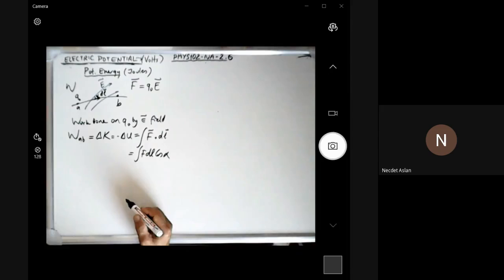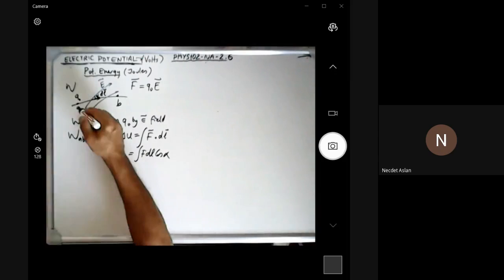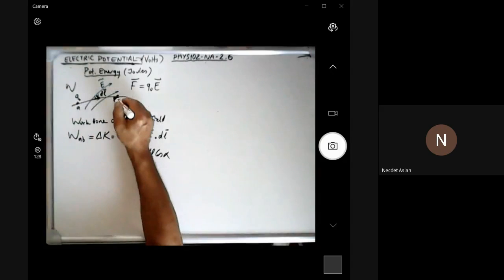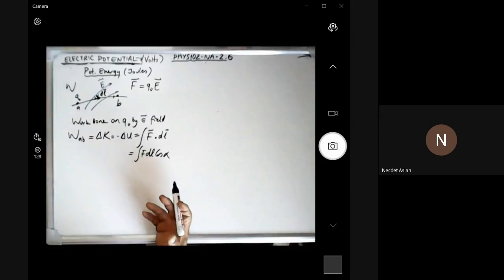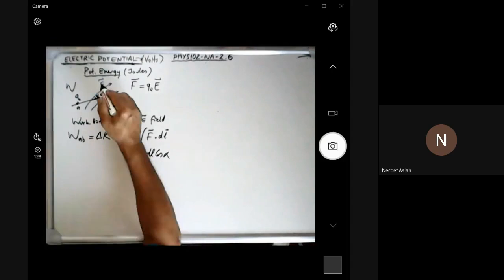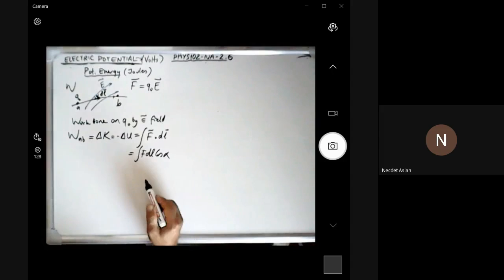If the charge is moving from point A to B, somebody is doing the work, and in this case the electric field is doing the work.